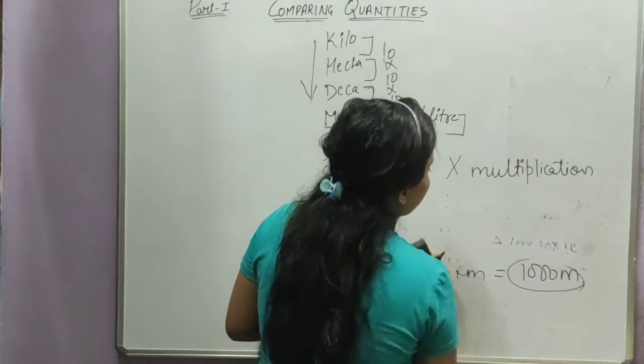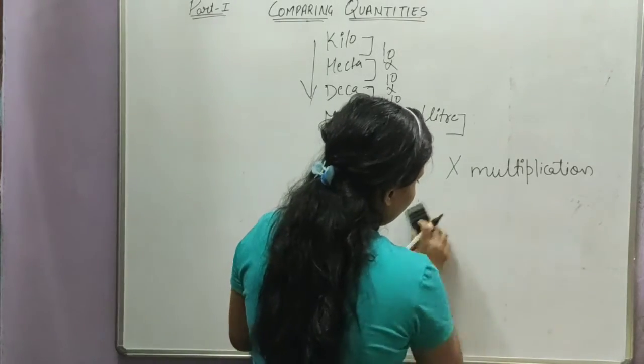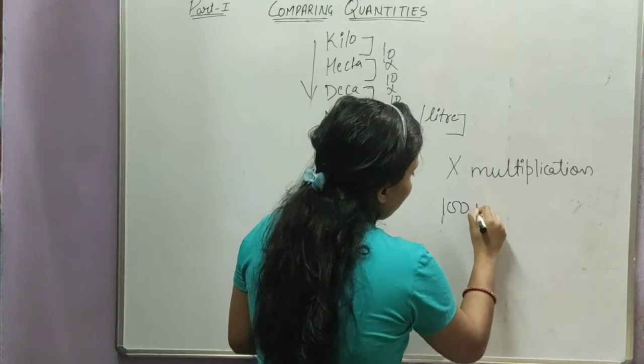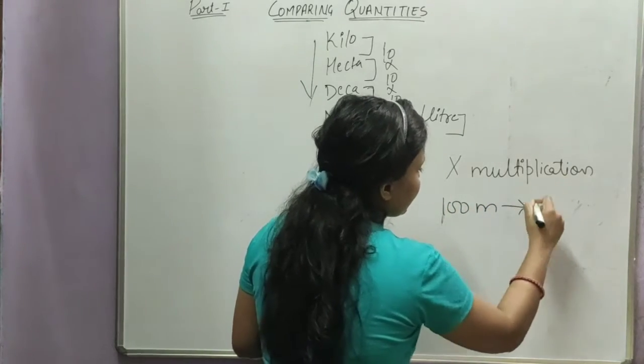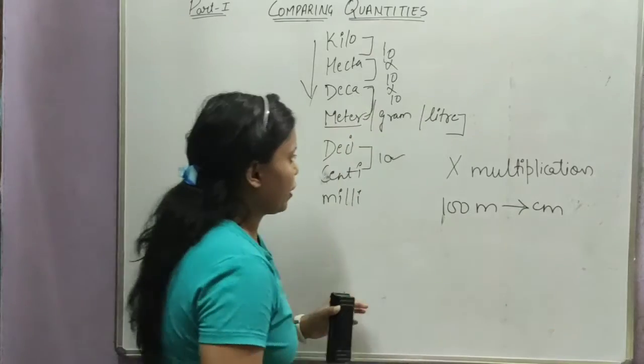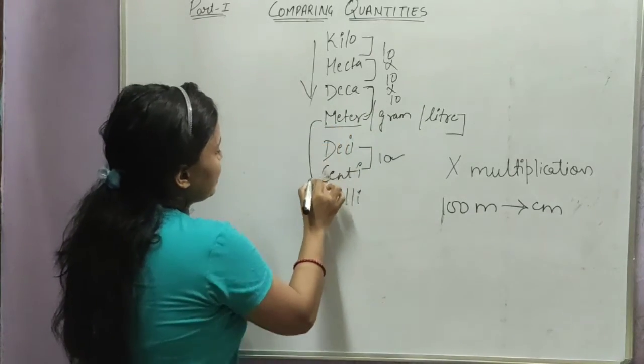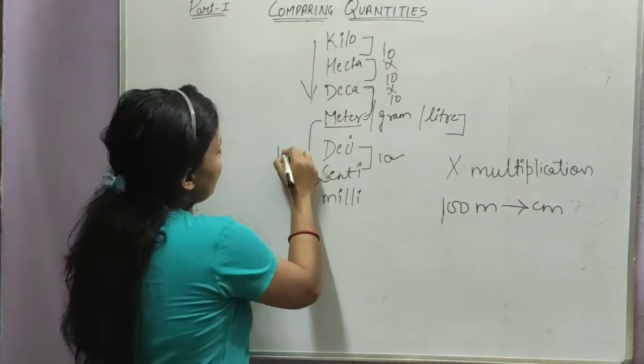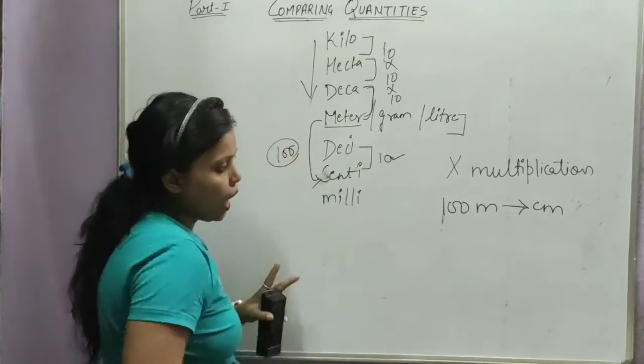Let's take another example. It is given that 100 meter should be converted into centimeter. Okay, so meter to centimeter we have 2 steps. Only 2 steps. 2 steps means 100. Multiplication of 100.